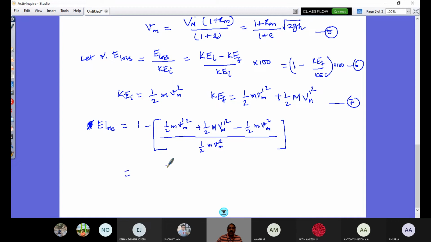So let me just work out now for modifying this. Now how will I do that? See, let's divide now. When I divide this first term and this term, you see half m goes off.